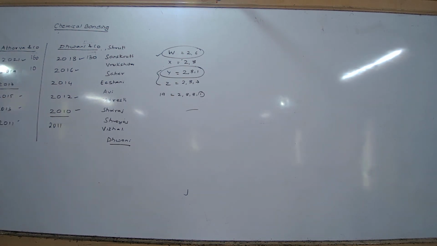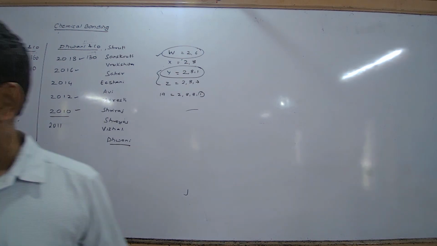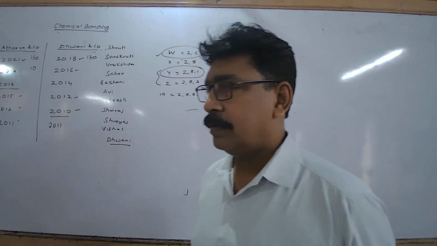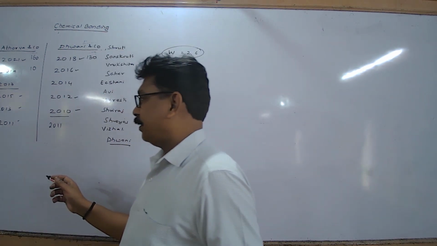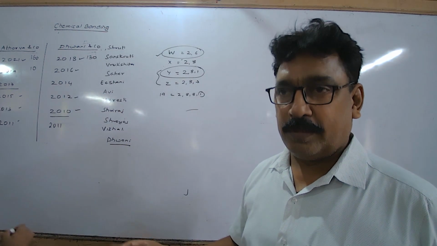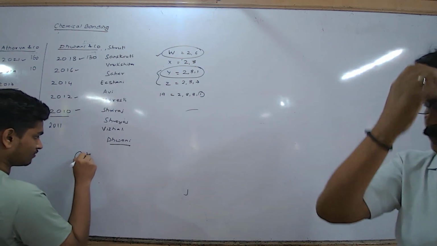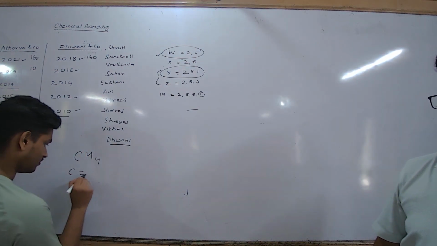Yeah. 2015 first. Next one. Loudly. Explain the bonding in methane molecule using electron dot. Come here and draw. Methane molecule, electron dot structure. Just save 10 marks.